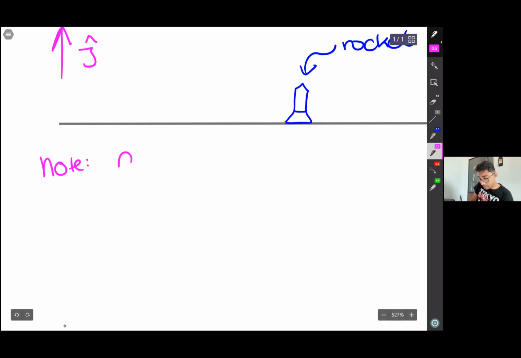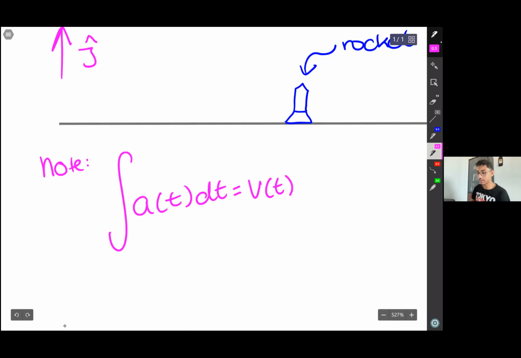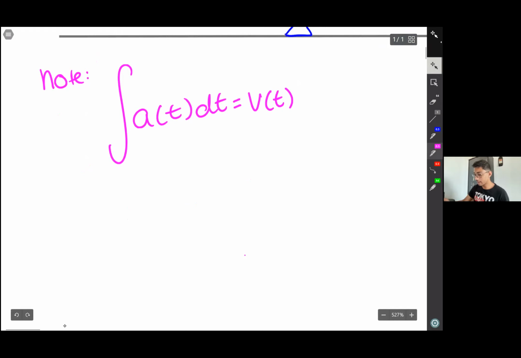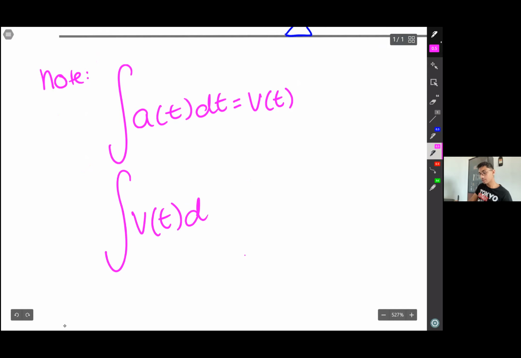Well, we know if we take the area under an acceleration-time graph with respect to time, we're going to get velocity as a function of time. And furthermore, if we get the velocity as a function of time and we take the area under that graph, so the integral of velocity as a function of time, dt, we'll get our position as a function of time. And that's what we want.